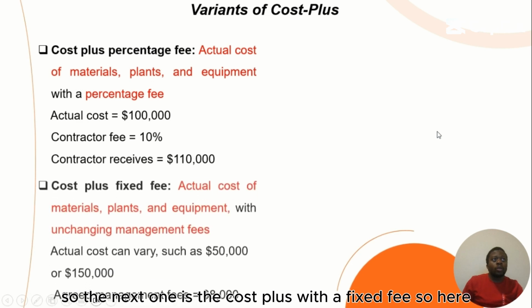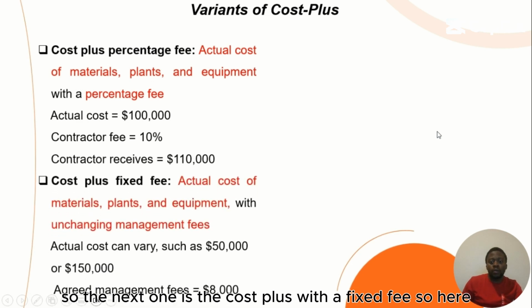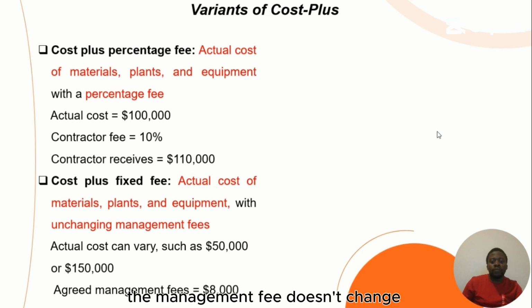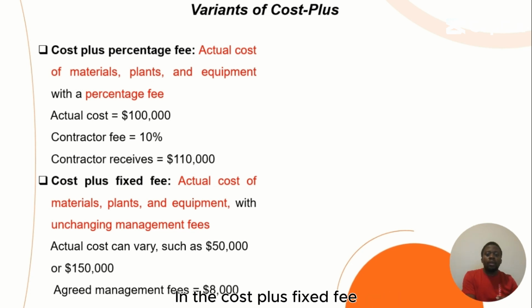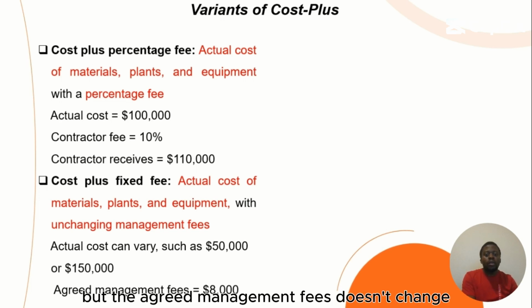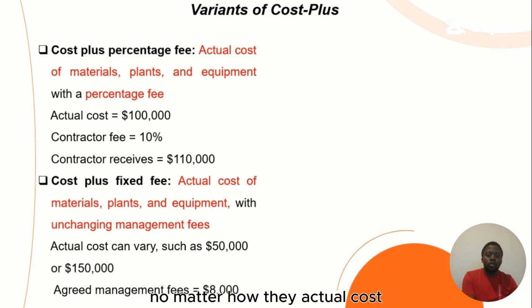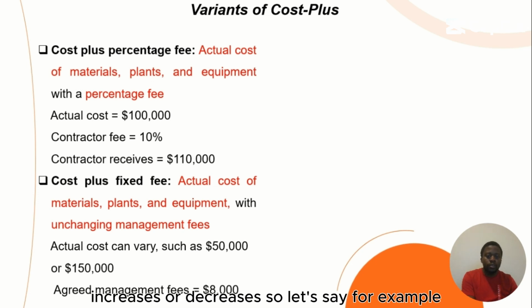The next one is the cost plus with a fixed fee. Here the management fee doesn't change. In the cost plus fixed fee, the actual cost can vary, but the agreed management fee doesn't change, no matter how the actual cost increases or decreases.